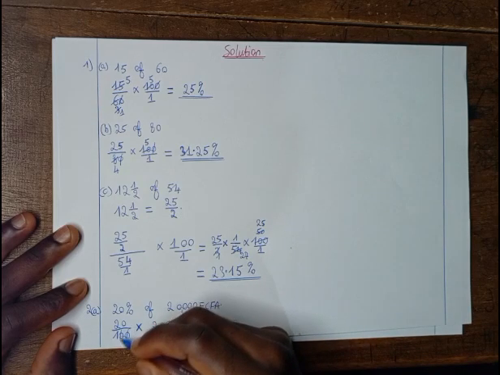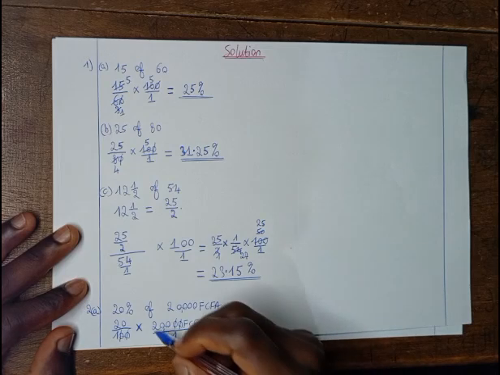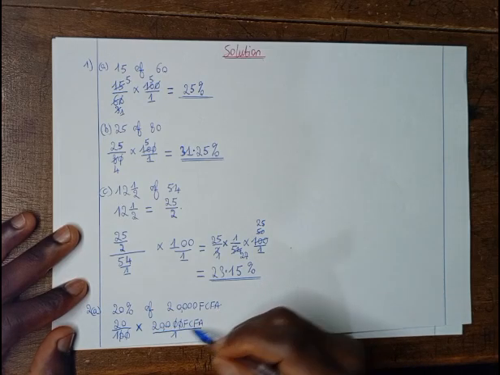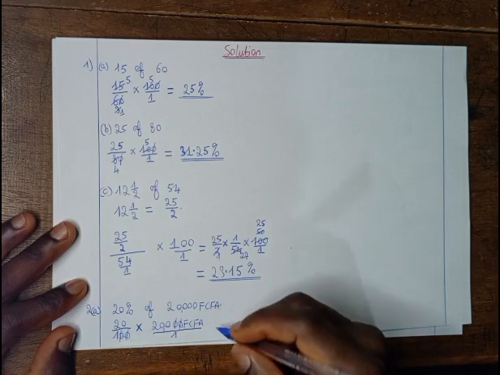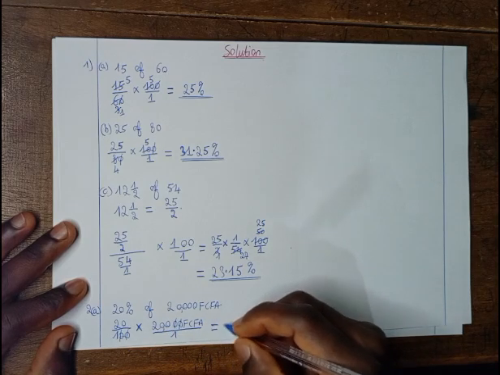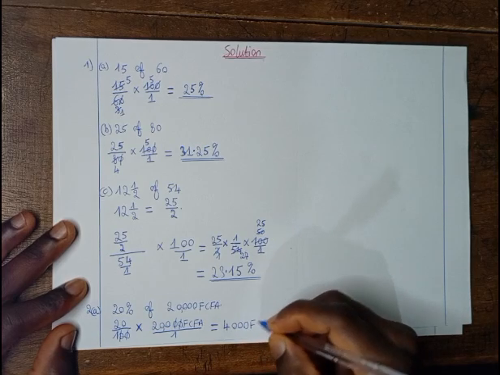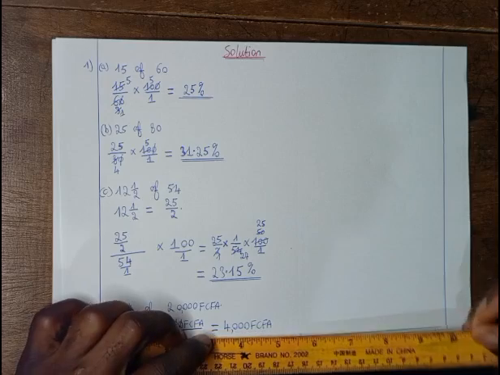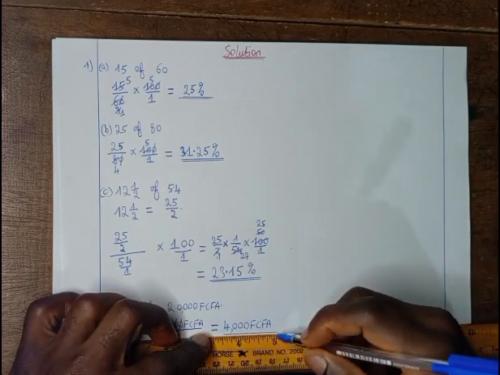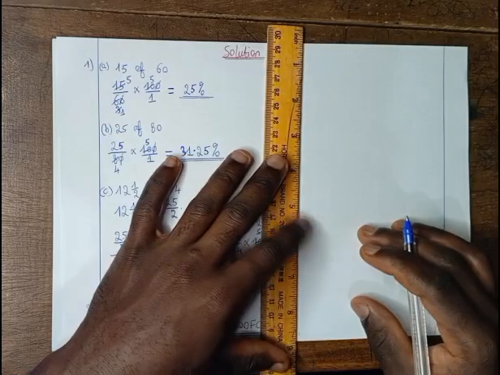We strike off the two zeros in 20,000. So we'll be left here with 200 francs CFA. 200 francs CFA, we are going to multiply it by 20. This will simply be equal to 4,000 francs CFA. Simply means 20% of 20,000 francs CFA is 4,000 francs CFA.